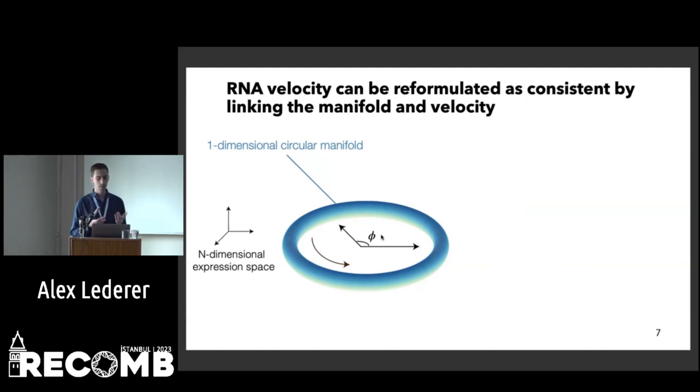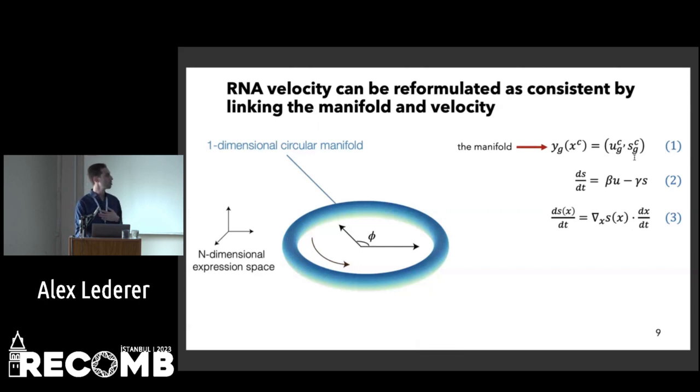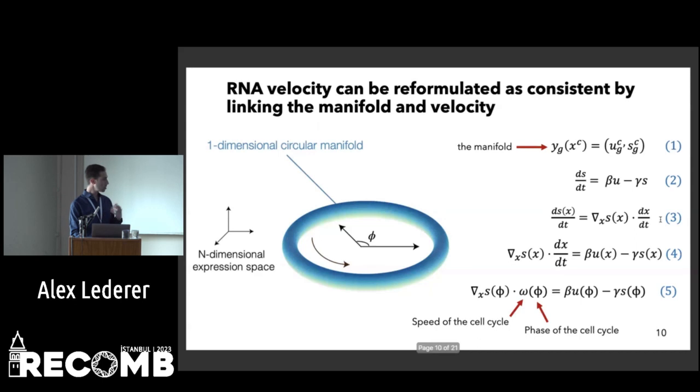So we take into consideration the fact that we have a manifold, Y, and each cell is going to have a position on that manifold, which we call X, and this is composed of the information we get from single-cell RNA sequencing, so our unspliced and our spliced counts. We can then take the differential equation I showed in the first slide, and we can perform the chain rule to get the derivative, and from that, we can plug it in to the equation, where now the velocity is directly a function of the position of a cell on the manifold, or x.